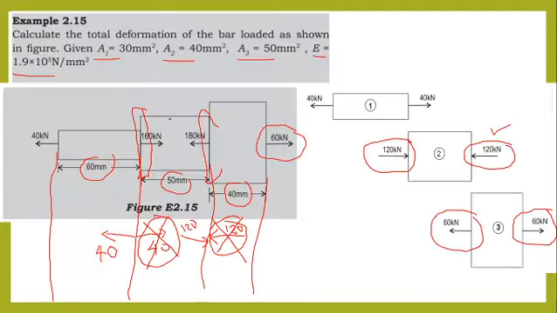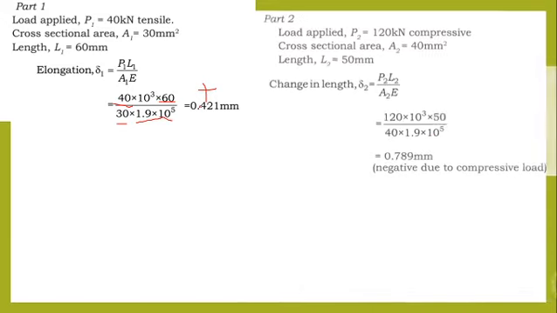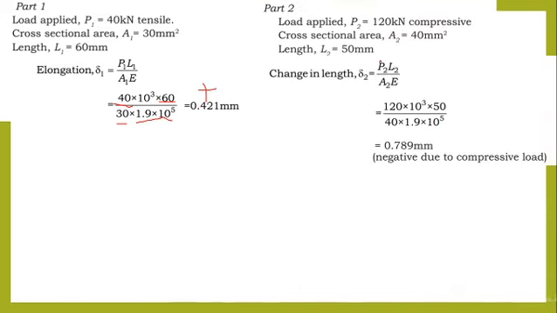For the first section we have a tensile load, so it's positive. Second section, compressive load, it has a negative value. Third section, tensile, it's a positive value. For the second section, we apply the load P2, 120 kilonewton, length 50 mm, area of cross section 40 and E is equal to 1.9 × 10⁵. It's a negative value due to the compressive load.